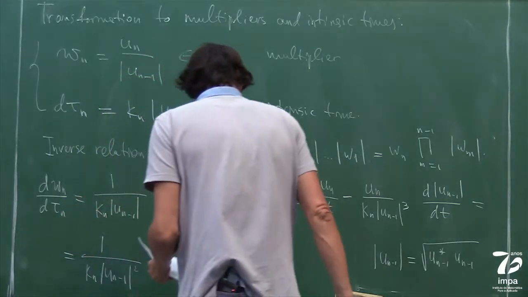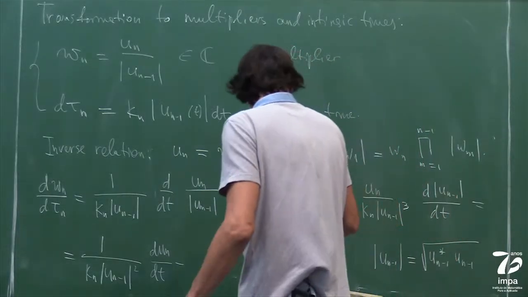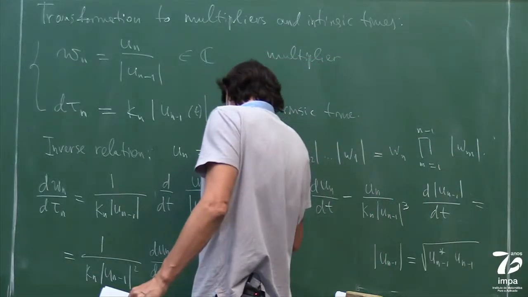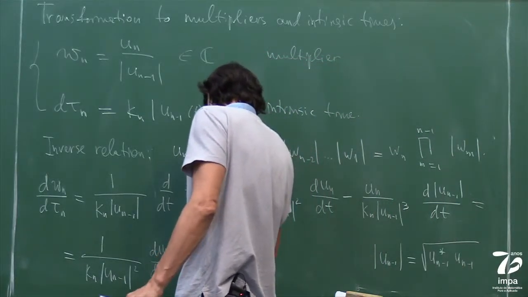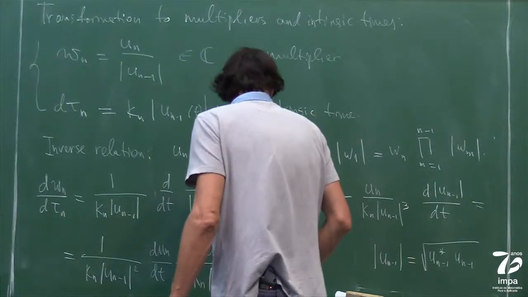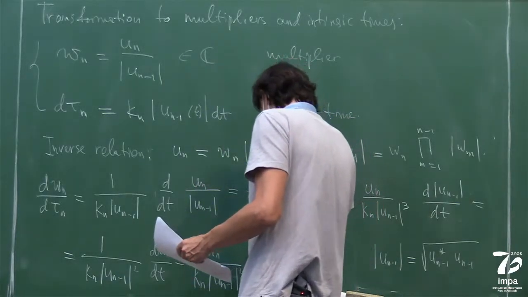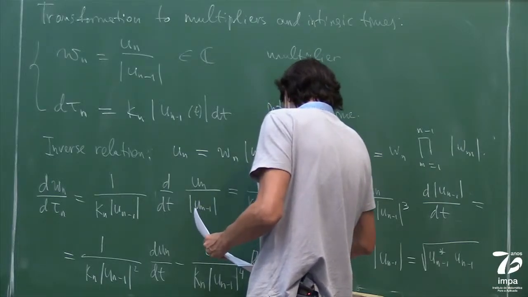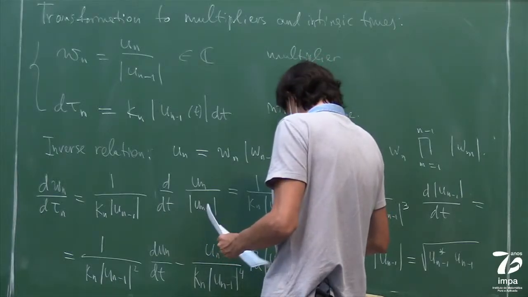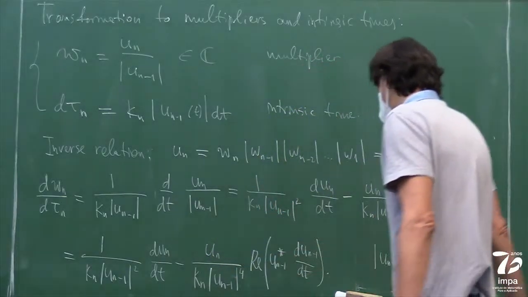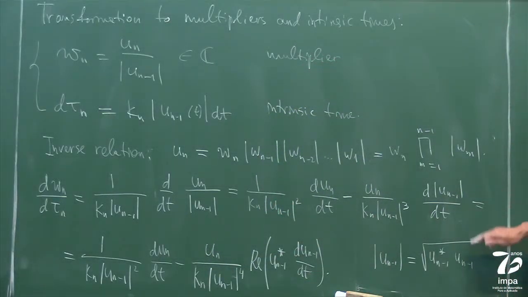And for the second term, whenever you substitute and differentiate, you should obtain something like modulus un minus 1 to the fourth, and then there will be a real part of un minus 1 star, where star is complex conjugation, times dun minus 1 dt. So check this formula. Whenever you open this differentiation, this is what you get.